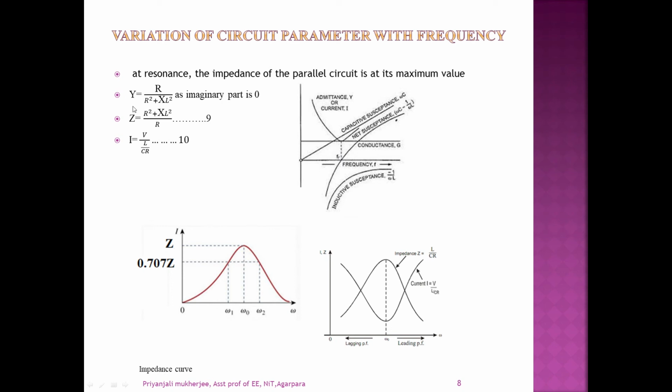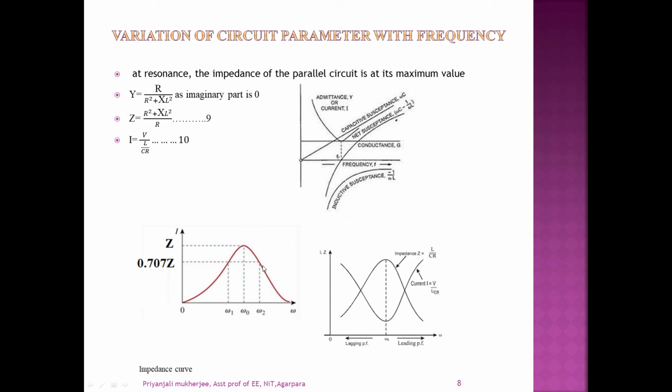Here the imaginary part is 0, so the admittance is equal to R by R square plus XL square, and Z becomes the inverse of Y, that is R square plus XL square by R, and the current is equal to V divided by L by CR, where L by CR is the net impedance at resonance of the parallel circuit.